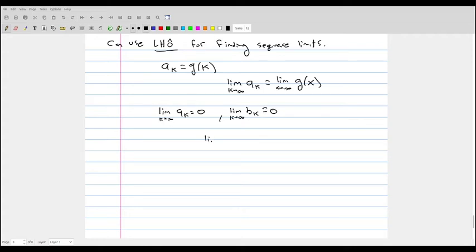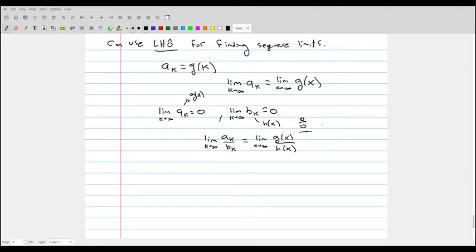Well, then the limit as k goes to infinity of ak over bk is the same thing as the limit as x goes to infinity of g of x, whatever the function is determining ak, and maybe the function determining bk is h of x. The same thing as the limit of g of x over h of x, which is something that we can definitely apply L'Hopital's rule to if this is an indeterminate form, because the limit of g of x is 0 and the limit of h of x is 0.